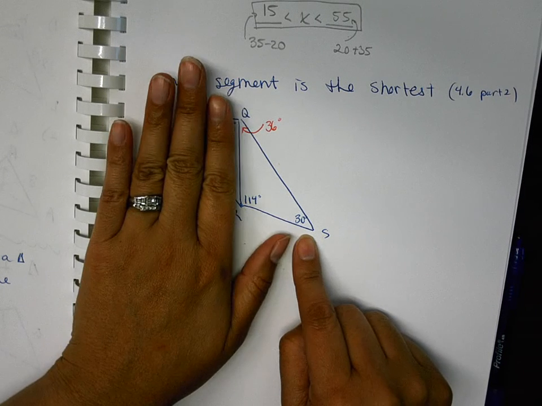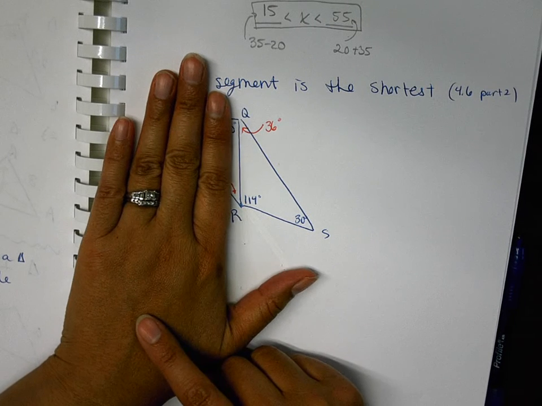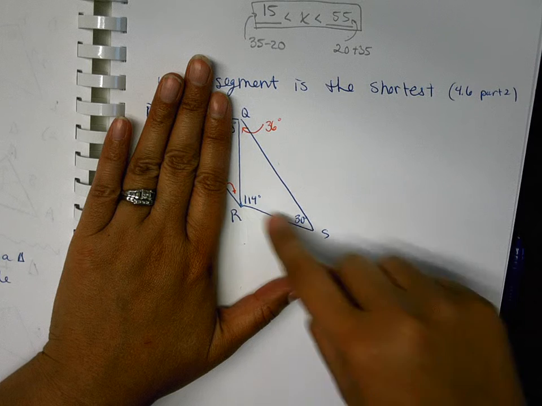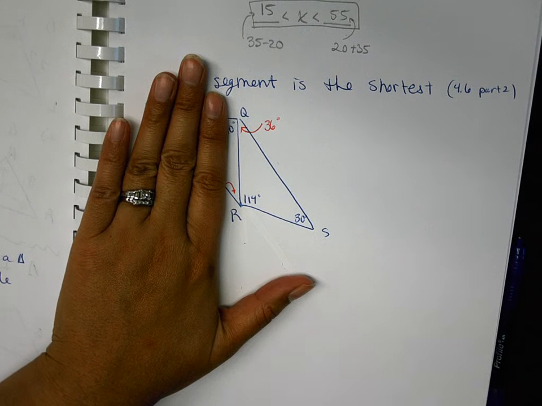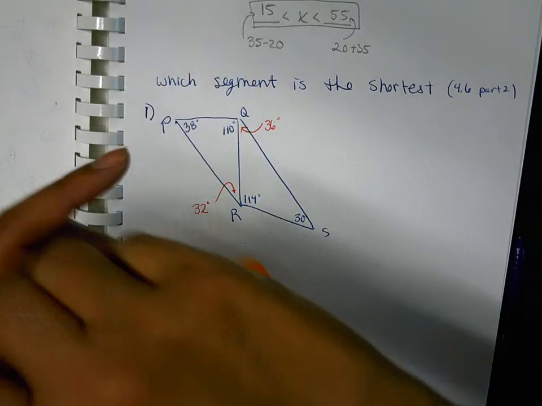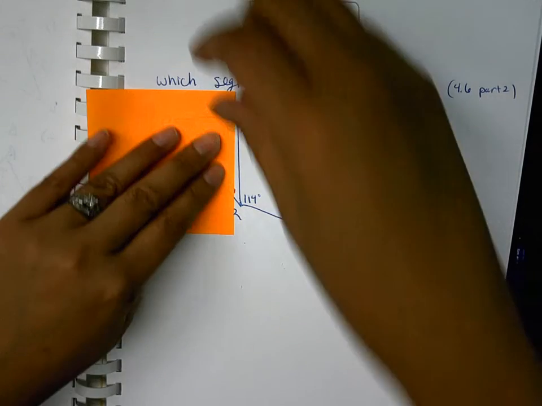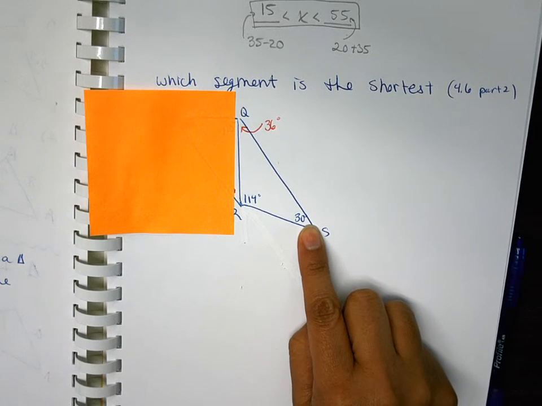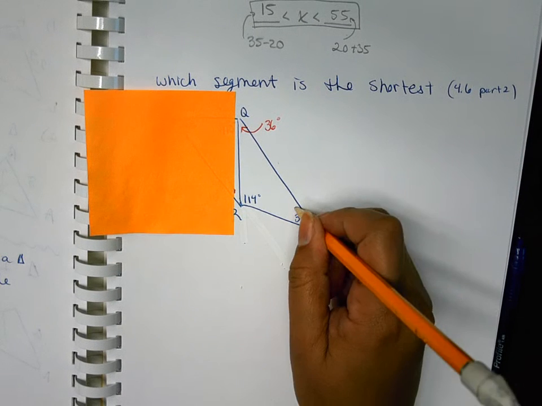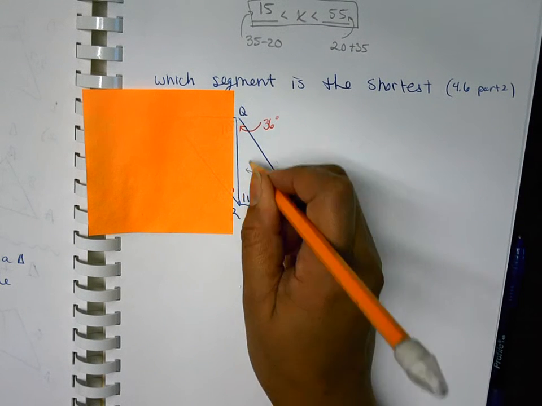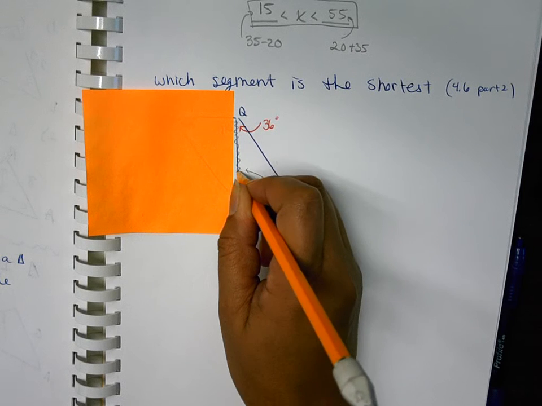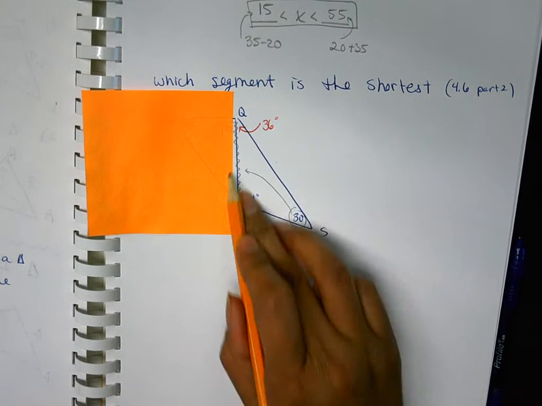So I'm going to focus on this triangle. In triangle QRS, which angle is the smallest? 30. Which side is its opposite side? QR.